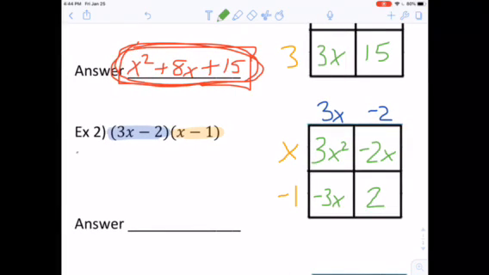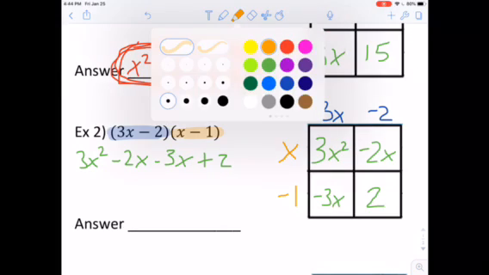I can just write those terms right here, and it's going to be 3x squared. I have a negative 2x. I have a negative 3x. And I have a positive 2. Once again, notice that I have a couple of like terms here.